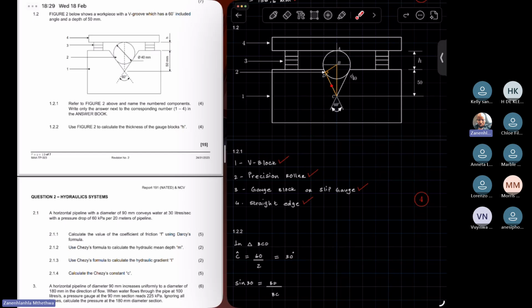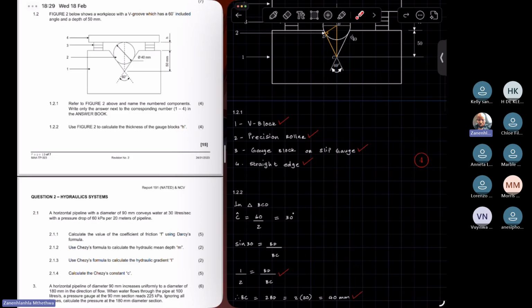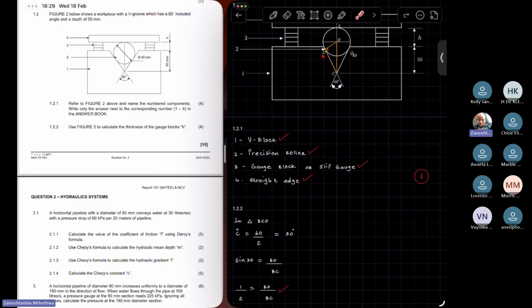We have one angle, we have one side, which means we can get the side BC, which according to triangle BDC is the hypotenuse. That is why here I then said in triangle BCD, the angle C is 30 degrees.